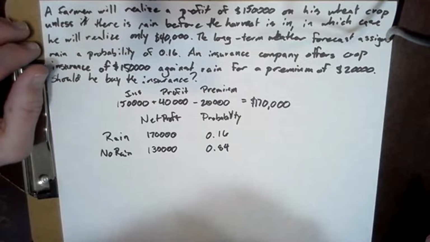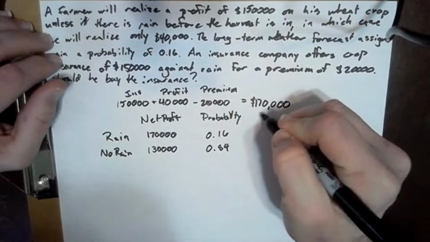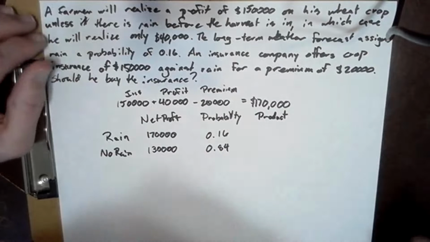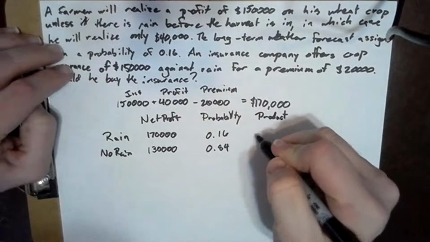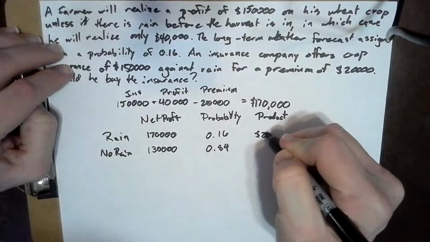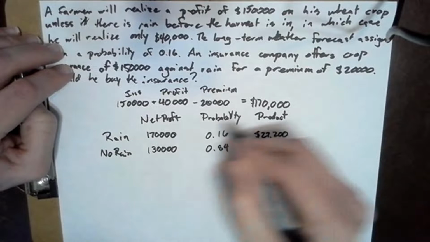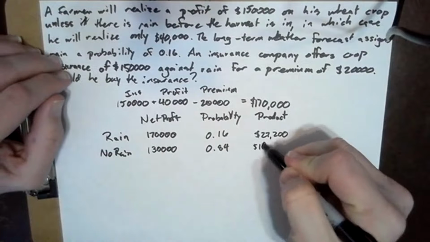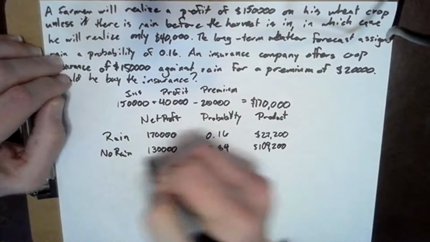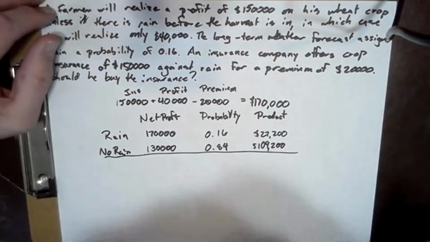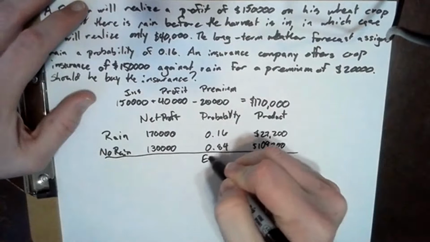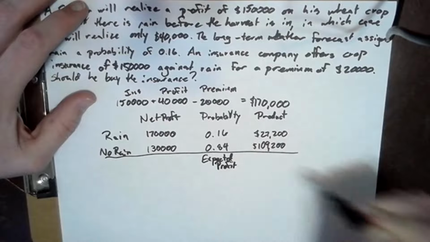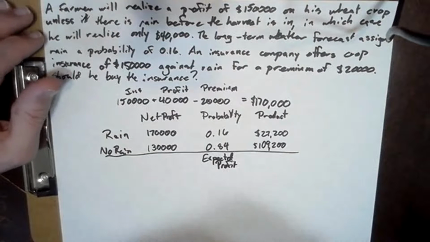So that gives us a product of 27,200 for the rain and a product of 109,200 for no rain. Add those up, and we have an expected profit of $136,400.